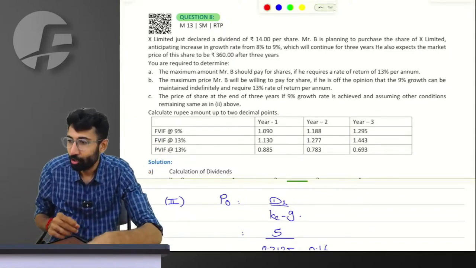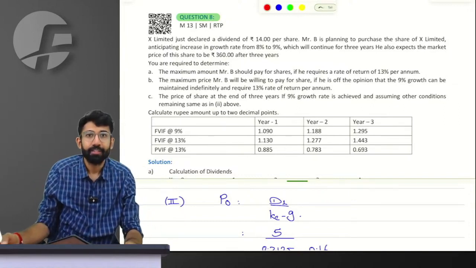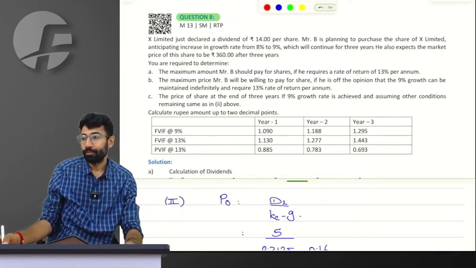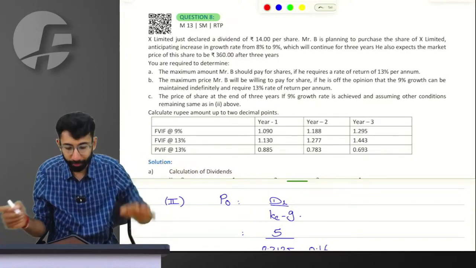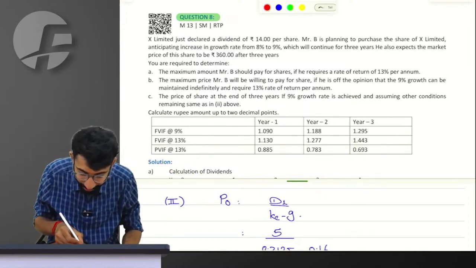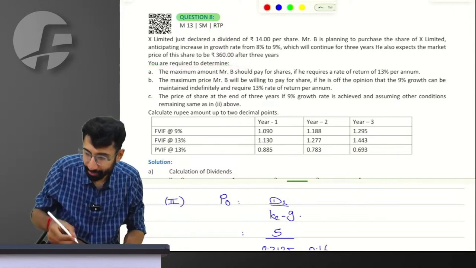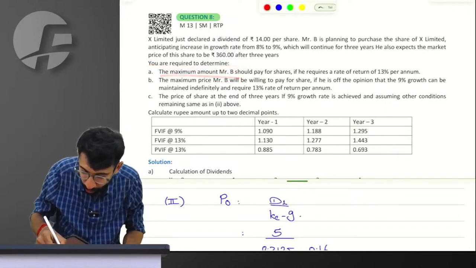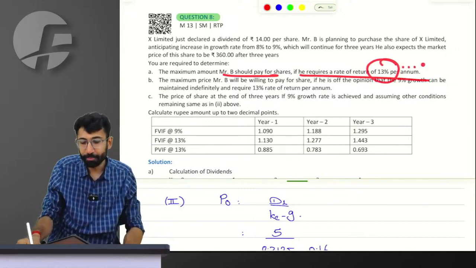Everyone in the class, are you able to recollect definite number of cash flows? Life is 3 years, which means definite number of cash flows we have. You are required to calculate the maximum amount Mr. B should pay for the share if he requires a required rate of return of 13%.